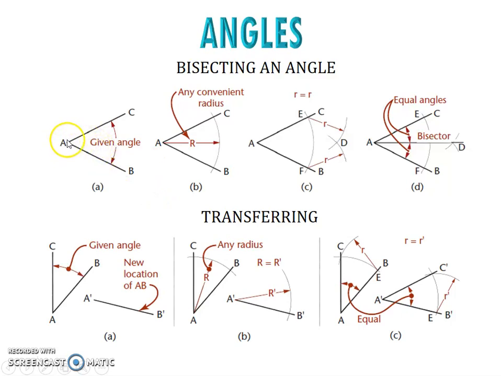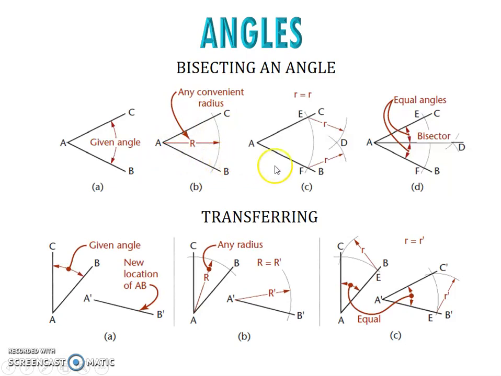Okay, so this one is the given angle. You use your compass, put it at A, and then draw an arc with any radius. By using this radius, you will construct 2 points on line AC and line AB.